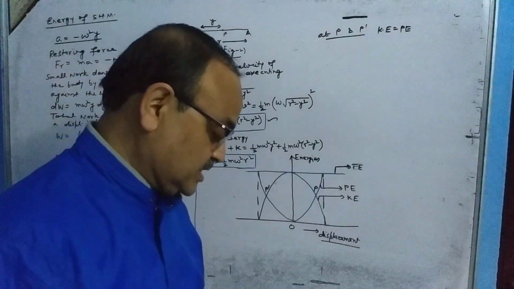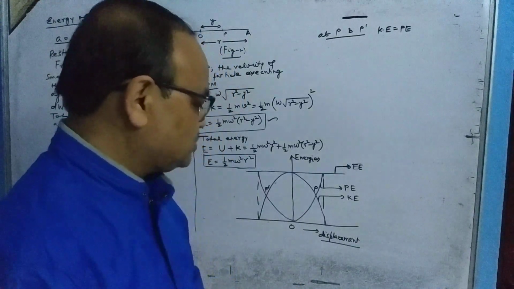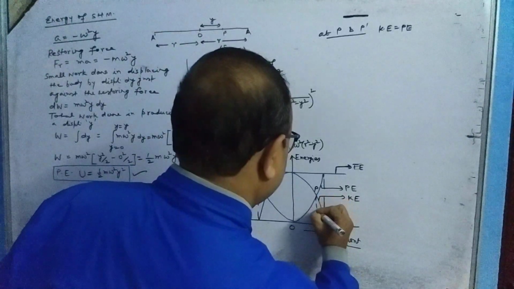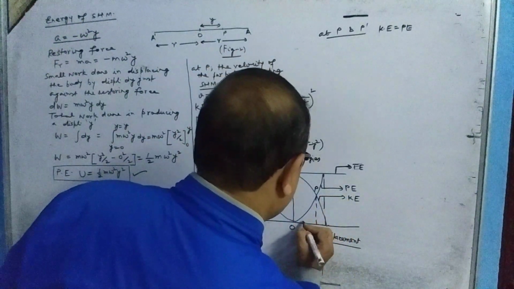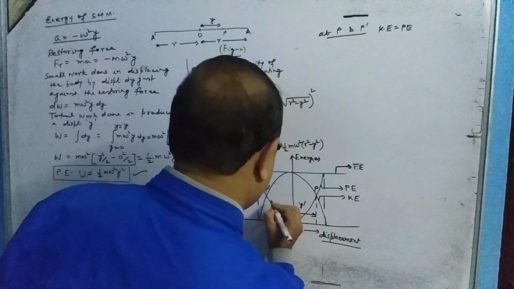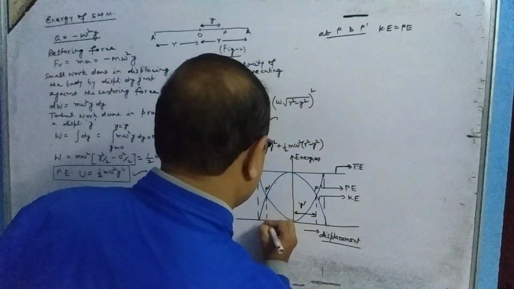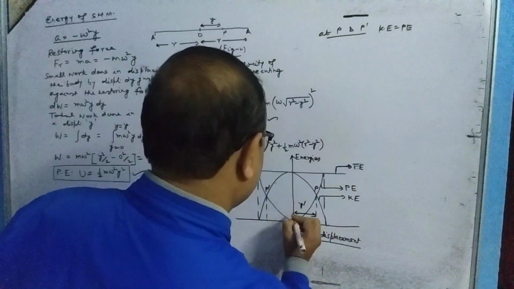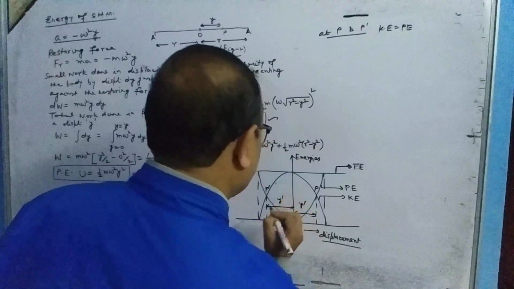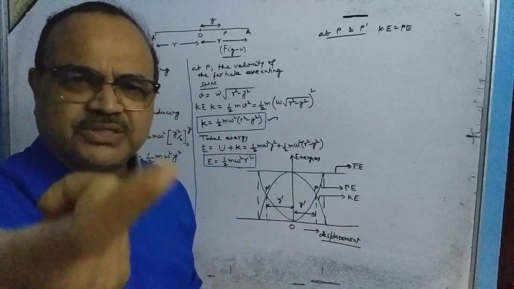Suppose I just tell you at these points here, let us say this displacement is y dash. Here also you can say this displacement is magnitude wise y dash. Obviously one is positive and another is negative.